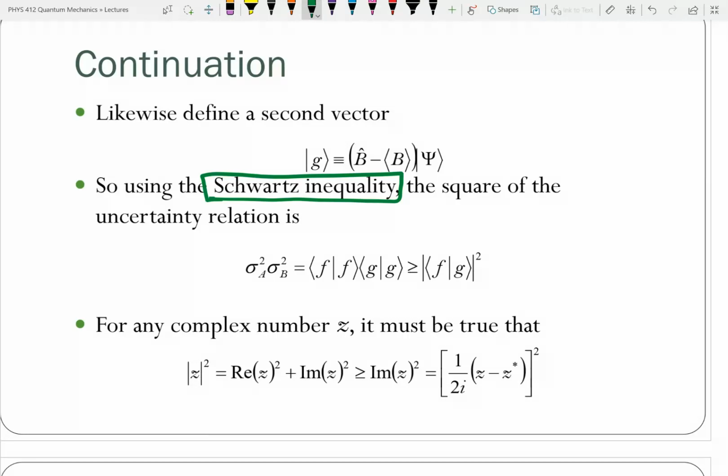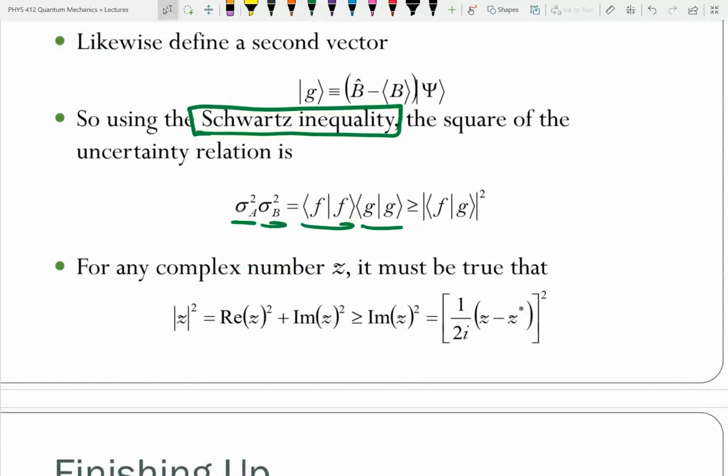And so our uncertainty relation, taking the product of the standard deviation in A squared times the standard deviation in B squared, is equal to the bra F ket G. And by the Schwarz inequality, that should be, notice this is greater than or equal because it's flipped the order of what's shown in equation 3.7, the magnitude of bra F ket G mod squared. Well, yeah, I said magnitude and then I said mod squared. Magnitude didn't need to be said there.